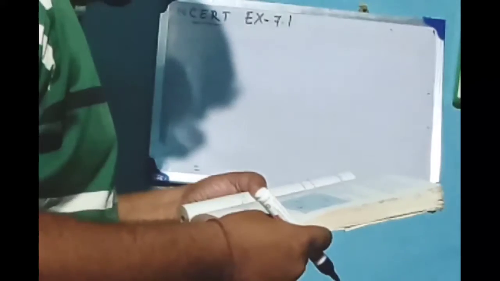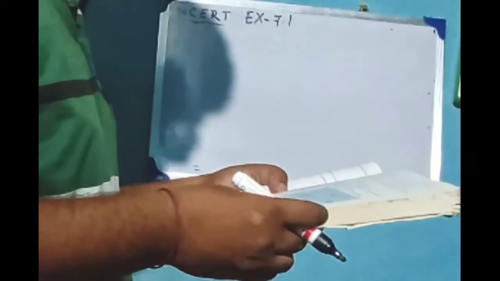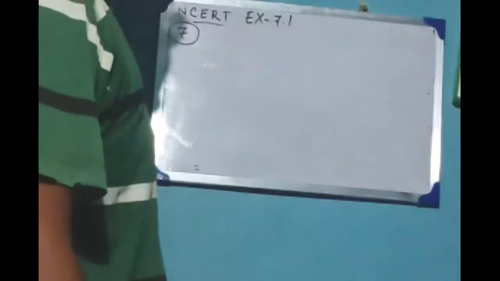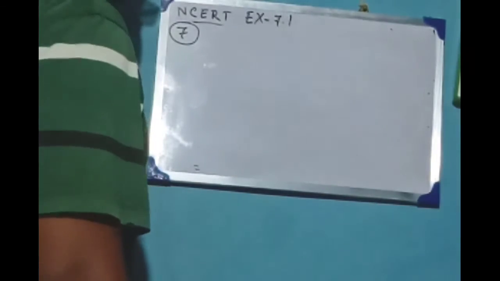Let us see what is given here. Find the point on the x-axis which is equidistant from (2, -5) and (-2, 9). So in question number 7, we have to find one point on the x-axis.